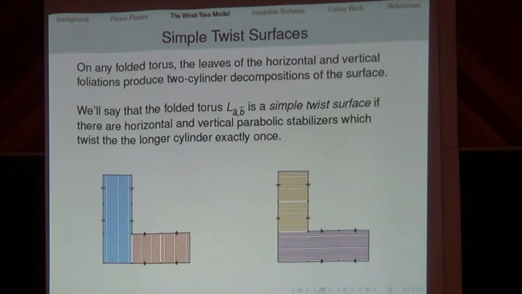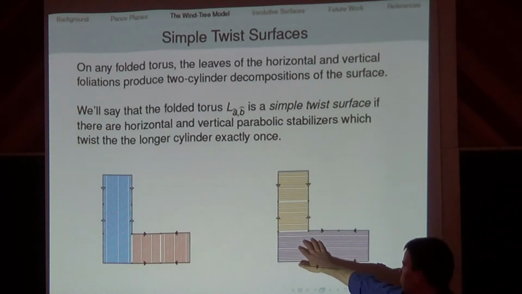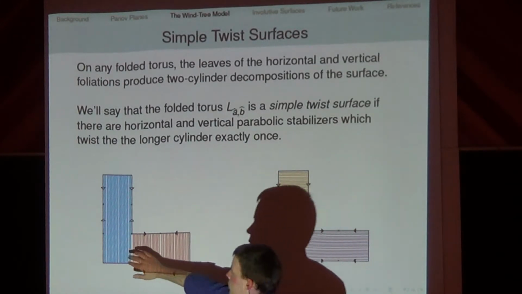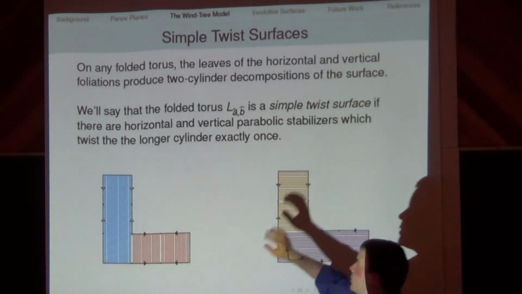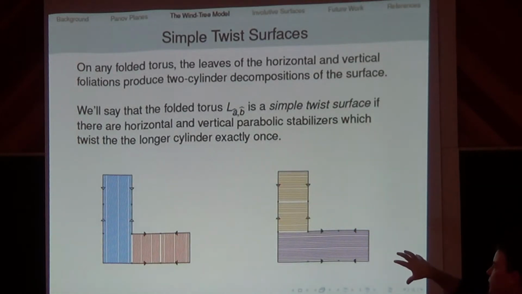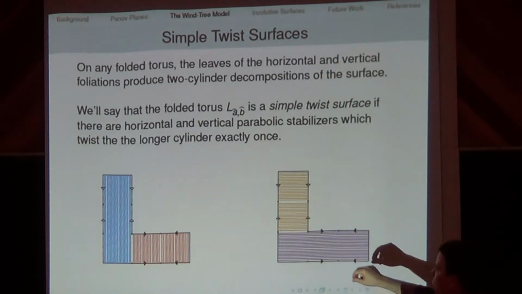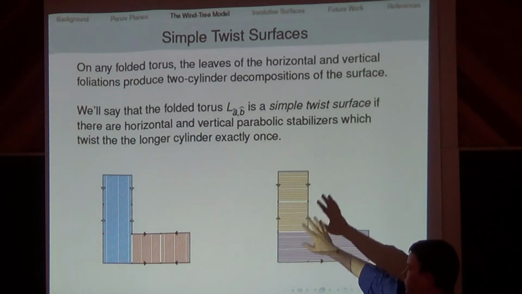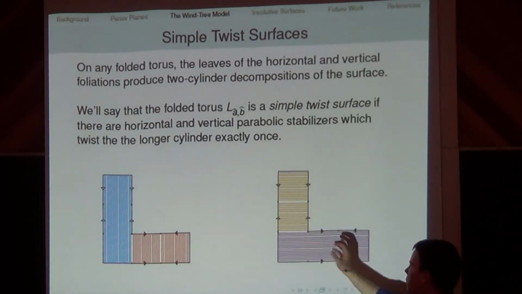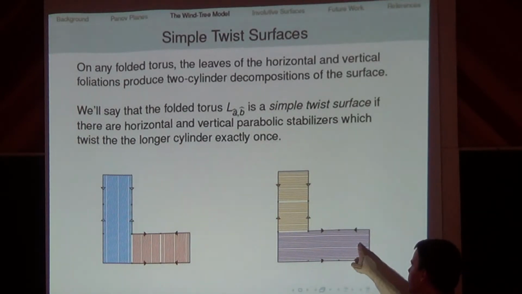Okay. So to construct a big family of surfaces that have this property of a pseudo-Anosov that acts elliptically in homology, I want to look at surfaces where you only twist one of your cylinders when you do that big twist. So when I say a simple twist surface, what I'll mean is one of these half-translation L's where in either the horizontal or the vertical direction, when you perform a twist, you twist the longer cylinder exactly once.